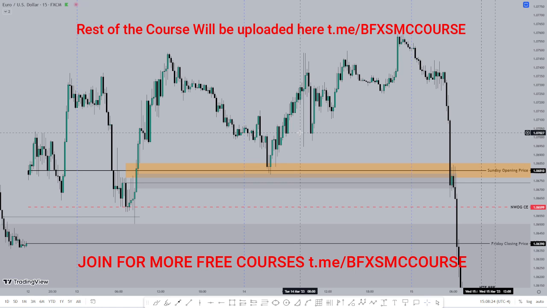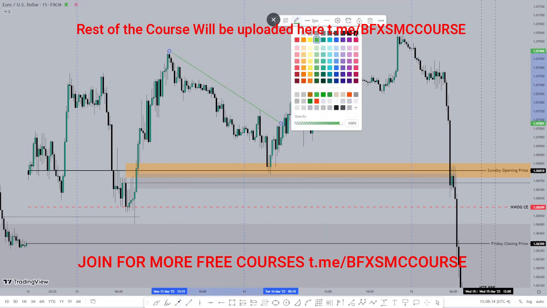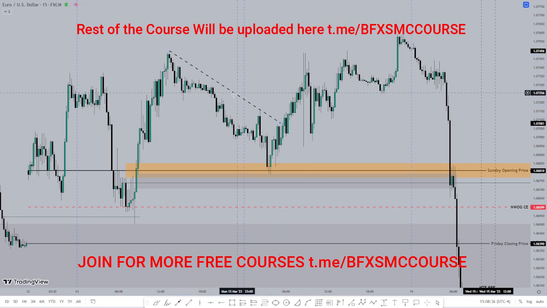You need to focus and think about what the market is doing. You will see this trend line here, so think about what retailers are doing. They are selling here because this is our engineered liquidity, guys.